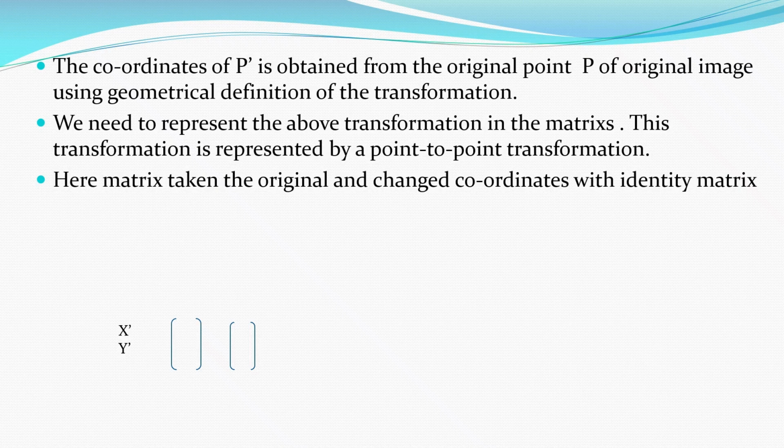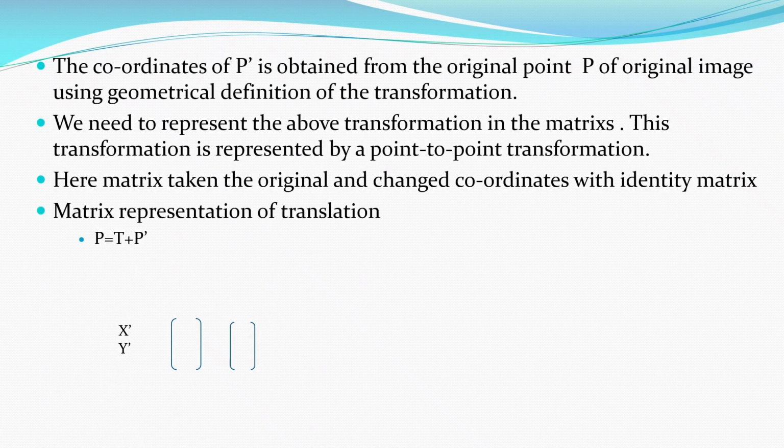So how do we represent this in matrix form? For translation, we use the matrix P dash equals P plus T, or we can say x dash y dash equals xy plus T of xy. Here we are not showing the identity matrix.